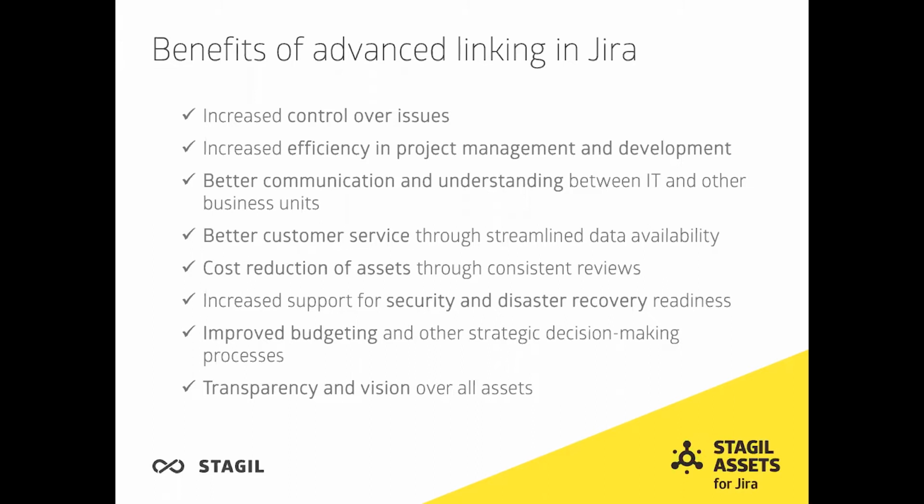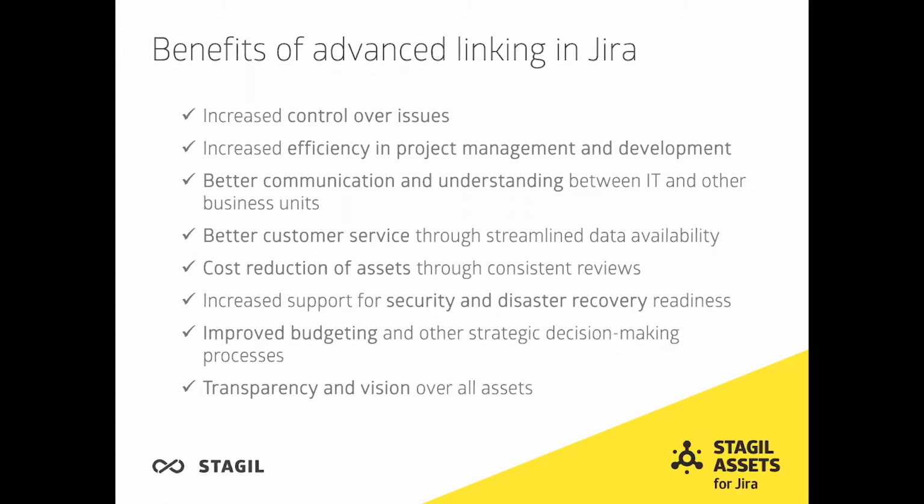And you can also increase your communication and understanding between IT and other business units. If you have integrated a service desk, for instance, you can also see which assets are functioning, are in repair, or where tickets exist for some assets, so that you know exactly what's going on with the assets in your company.